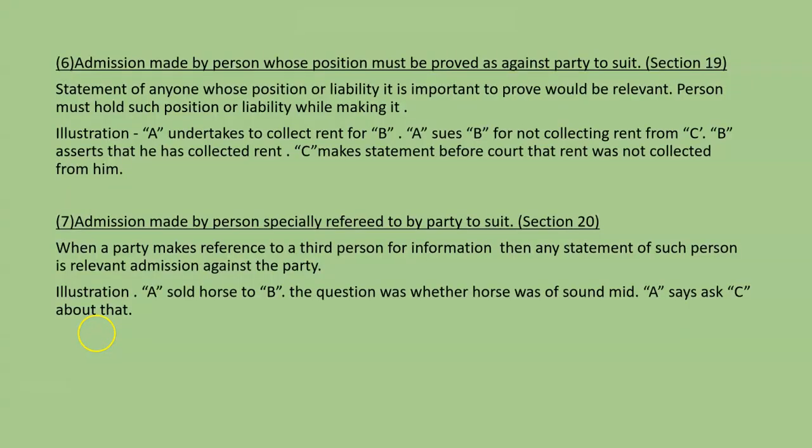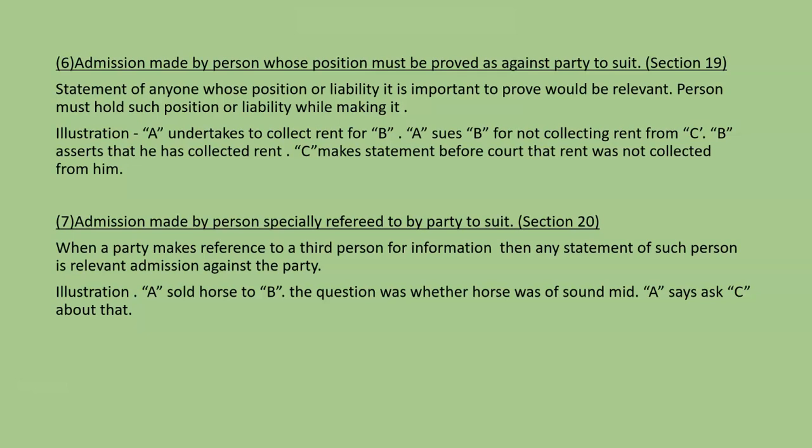Now the sixth one is the admission made by a person whose position must be proved as against a party to the suit. So a statement of anyone whose position or liability it is important to prove would be relevant. For example, if a suit is between two persons and the second person says that he is not liable and some third party is liable, then the admission of that third party to whom he is referring would be relevant.